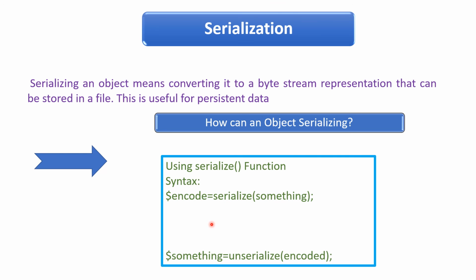You can use the unserialize method. This takes a single serialized variable and converts it back into a PHP value, meaning the original value. The converted value can be in boolean, integer, float, string, array or object format.